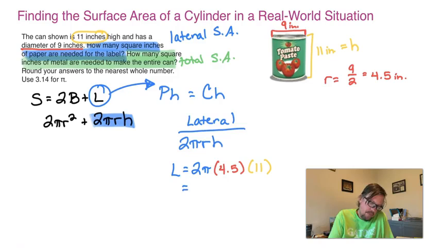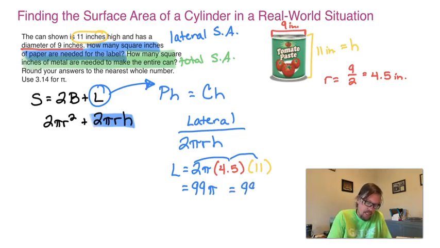Obviously we know that 2 multiplied by 4.5 is 9, and then 9 times 11 is 99. So 99 pi is our exact answer.